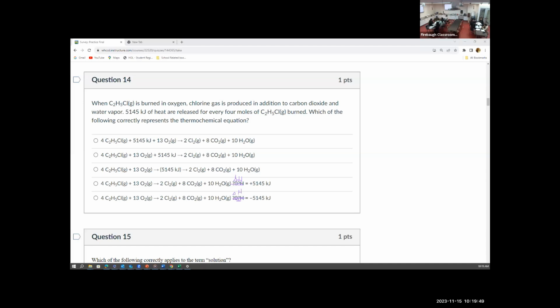What do you guys think? Yeah, 5 possibilities. You're gonna go with the last one? The correct one is the last one, and everybody said correct.